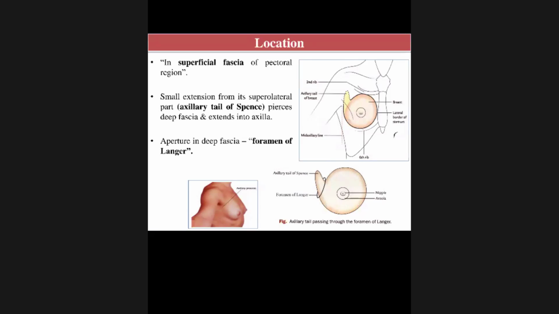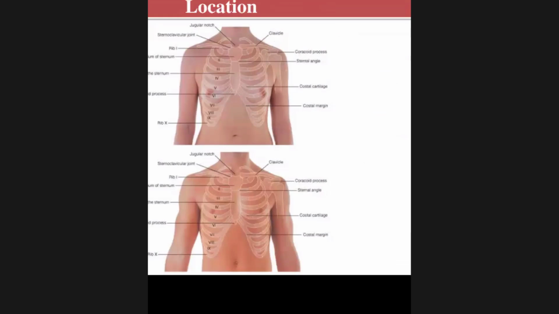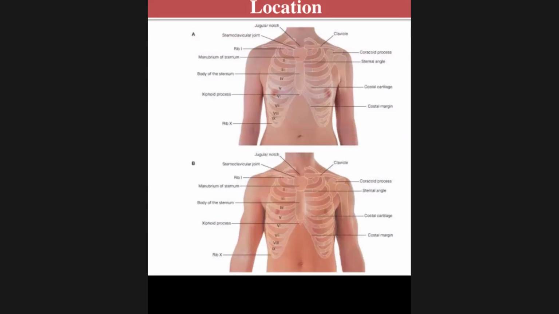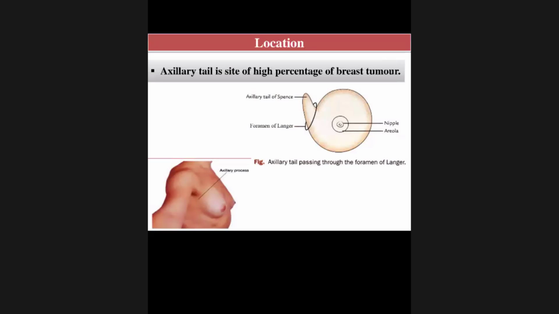At least you should remember it is located in the superficial fascia, not deep to the muscle, but superficial to the muscle. You can see here male as well as female. The above picture is female, the lower is male. And this axillary tail is the site of a high percentage of breast tumors.